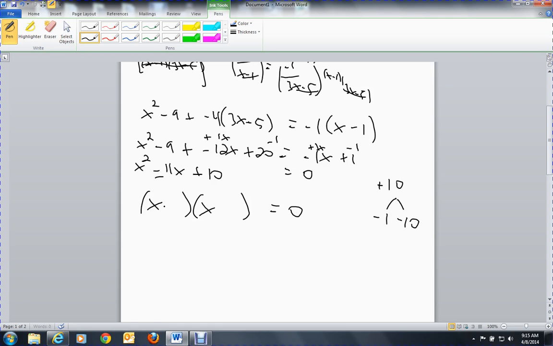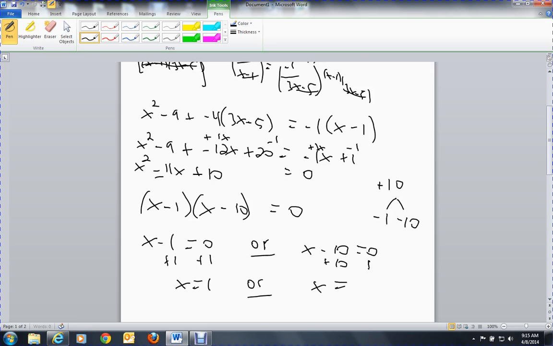So that's how it factors. X minus 1, x minus 10. Set each factor equal to 0. Solve each equation. I get x equals 1, or x equals, when I add 10 to both sides over here, I get x equals 10.